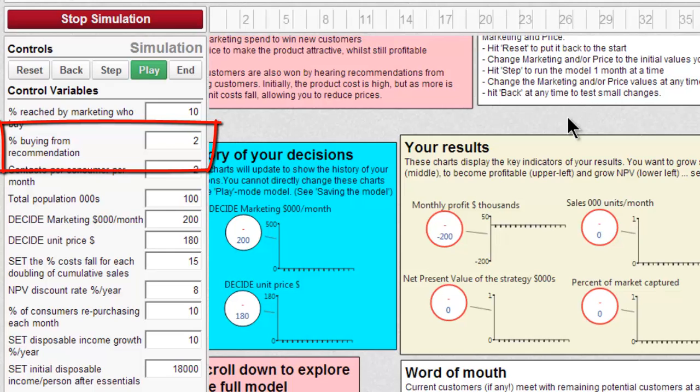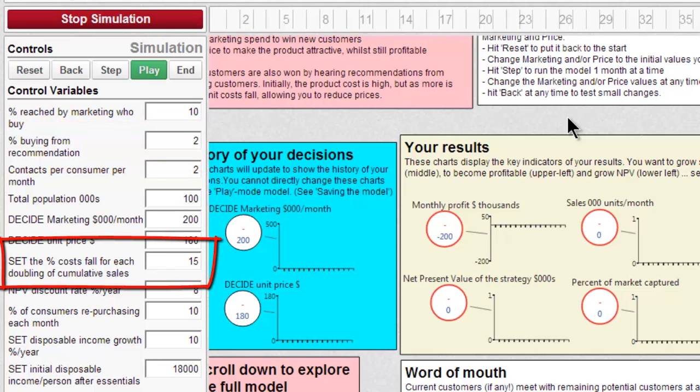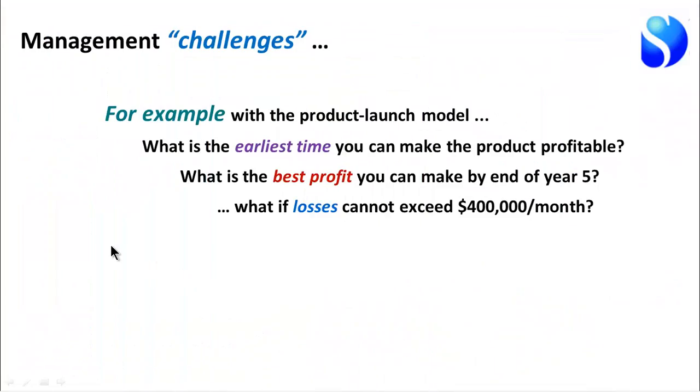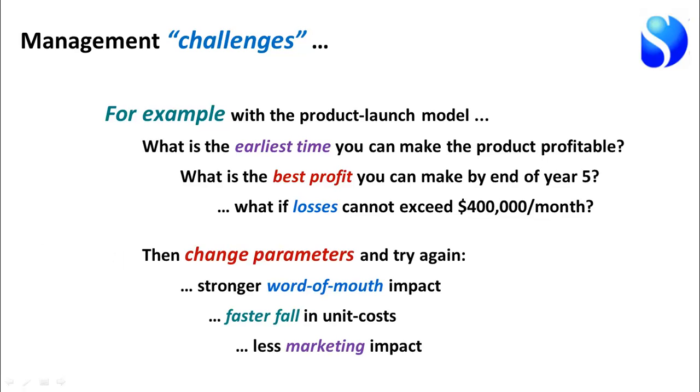You could say, well, what happens if the unit cost of the product falls faster each time you double cumulative sales? So as I was saying in the presentation part of this, you can then say to the students, or say to the executives, go and change some of those other parameters and try again.